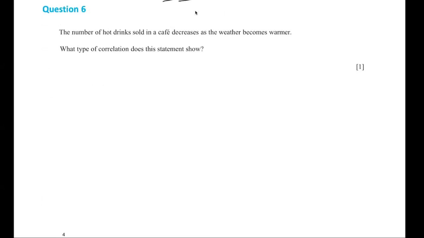Question 6. The number of hot drinks sold in the cafe decreases as the weather becomes warmer. What correlation does this statement show? It means that drinks sold go down when temperature goes up.